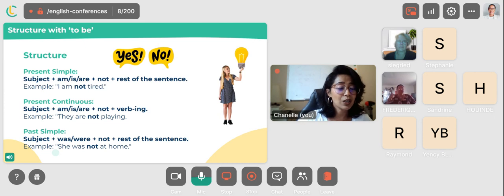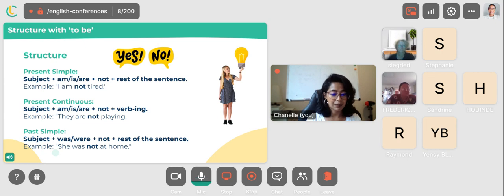For the present continuous, an action that we are performing at the moment of speaking, we have the subject plus am, is, or are, plus not, plus the verb ing. For example, they are not playing.